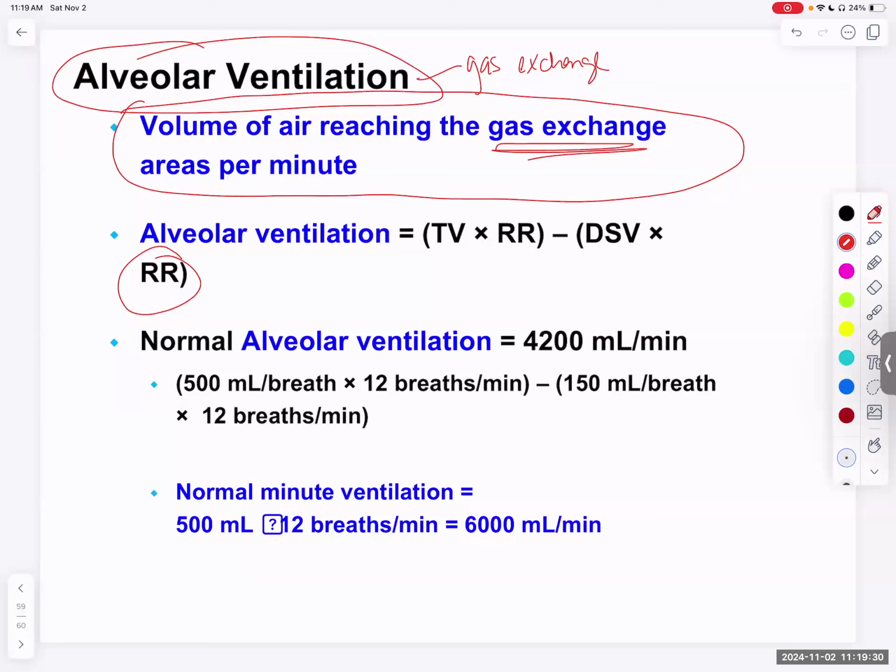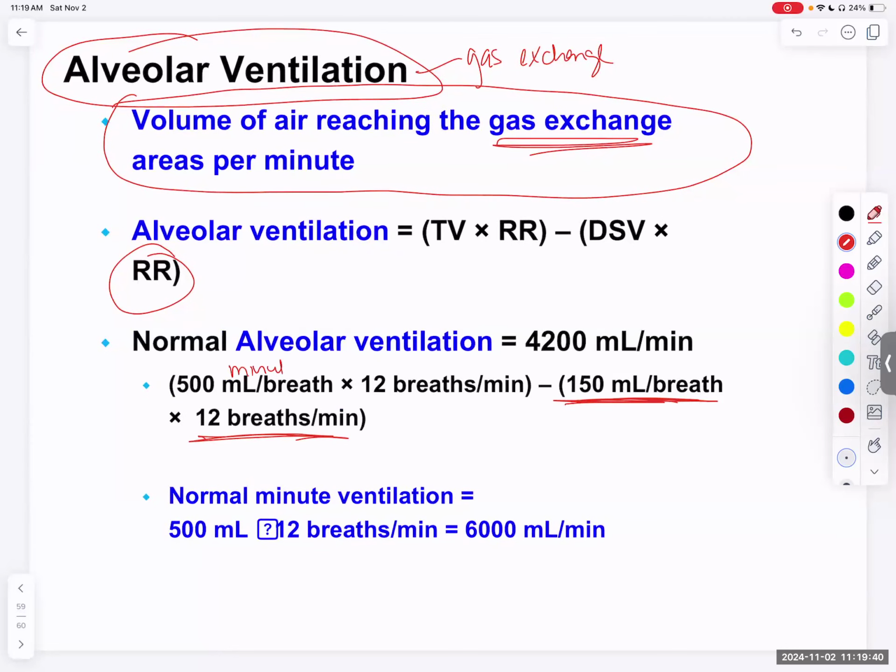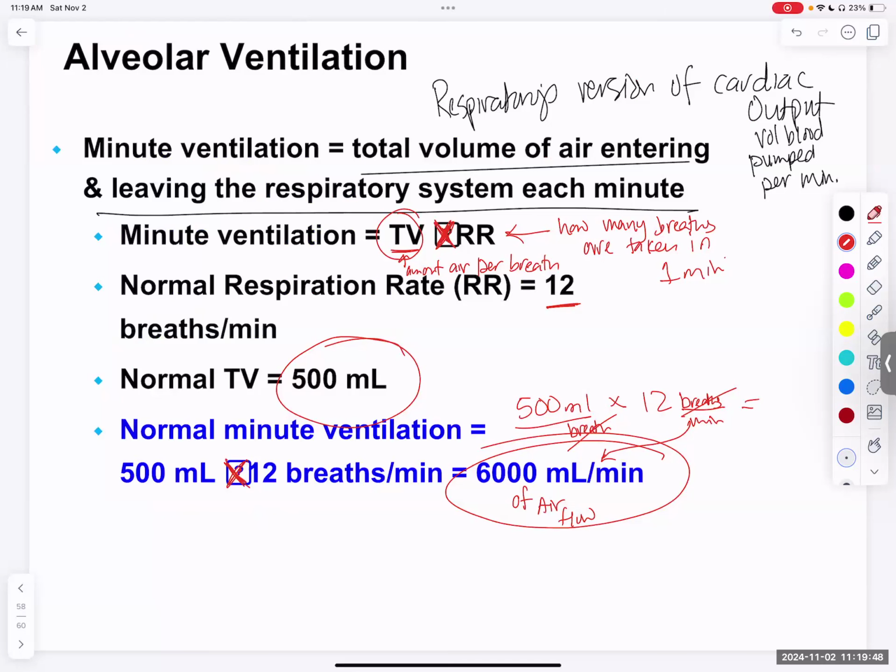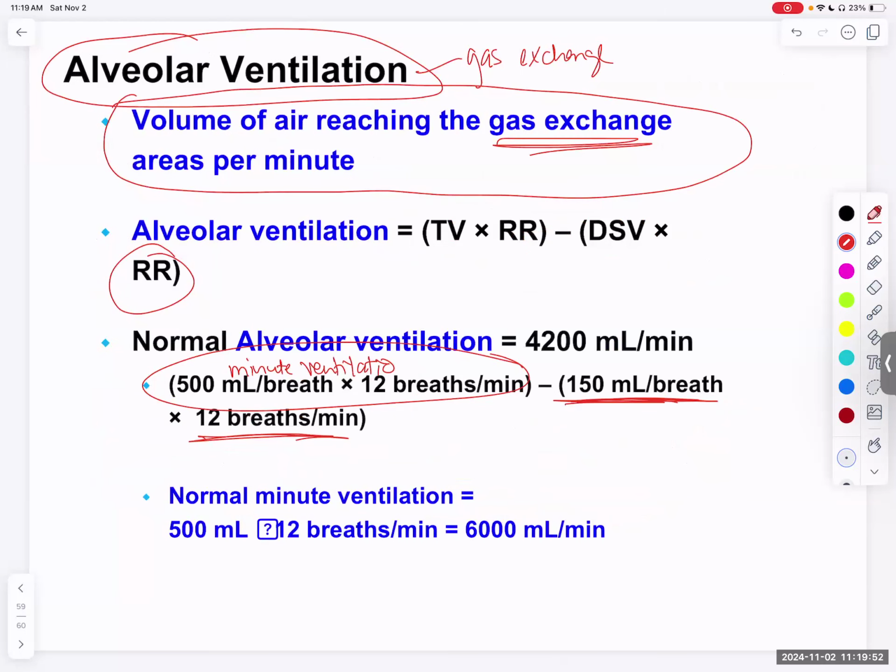The residual volume was about 150 mLs per breath, times 12 breaths. So this is going to be the minute ventilation right here from that page. We're just moving it here, but we're taking out the air per breath that we can't use.